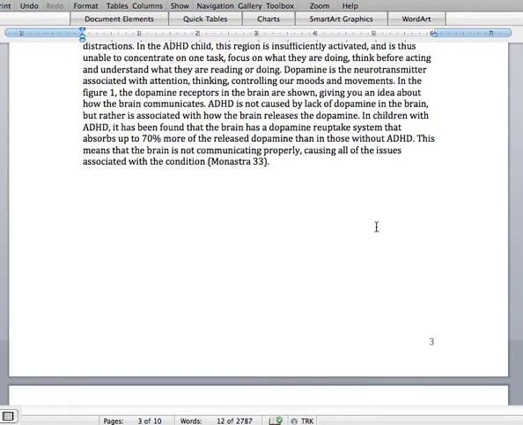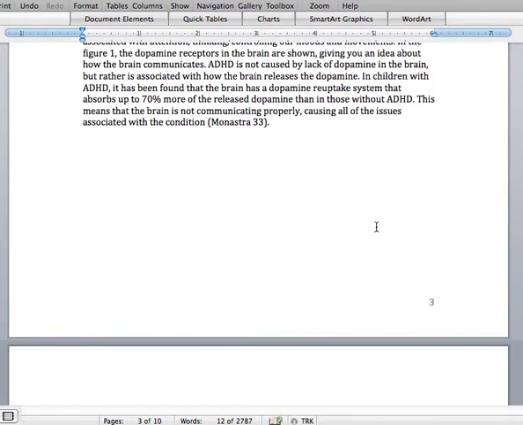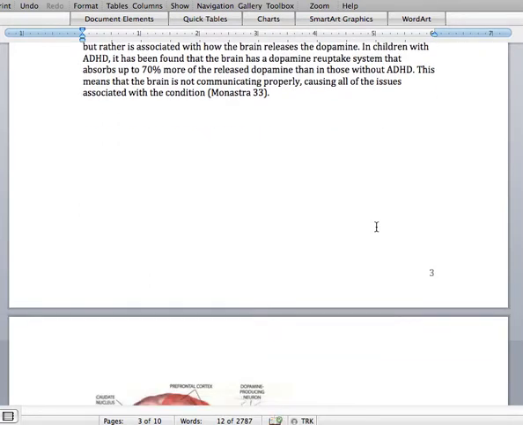In brains that are affected by ADHD, it's been found that the dopamine reuptake system absorbs more than 70% more of the released dopamine than in those without ADHD. So, meaning the brain's not communicating properly and not basically making those messages send like they're supposed to.